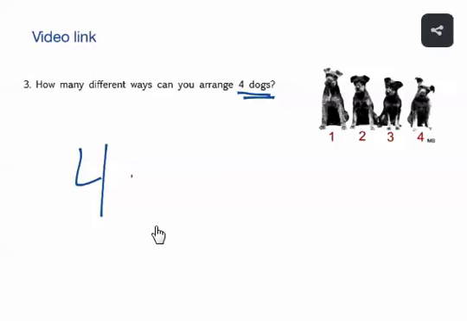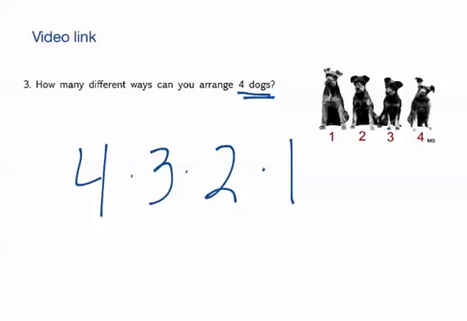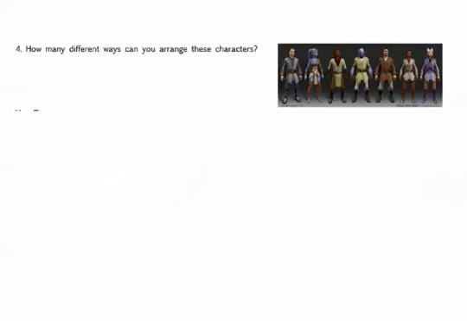So 4 times 3 times 2 times 1, just like the problem in the video. Okay, so you can do that on your calculator. Pause the video. So if you arrange those 4 dogs, there would be a possibility of 24 ways that you can arrange them. 4 times 3 times 2 times 1, there's 24 ways.